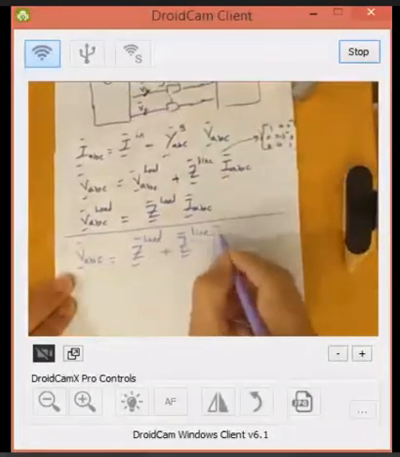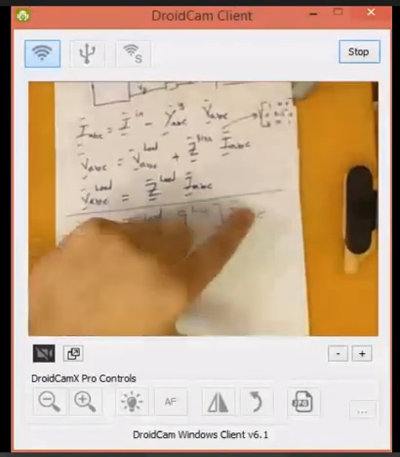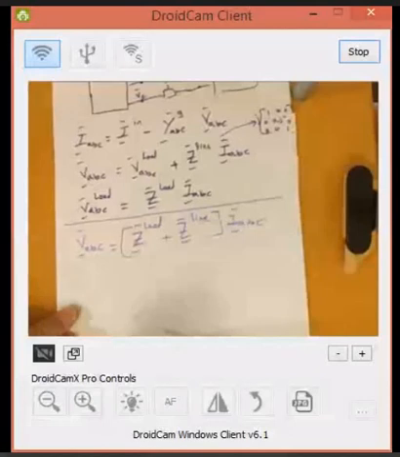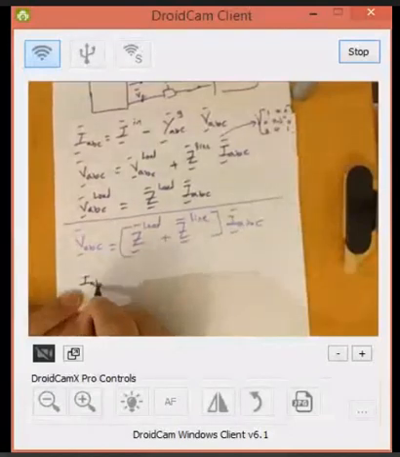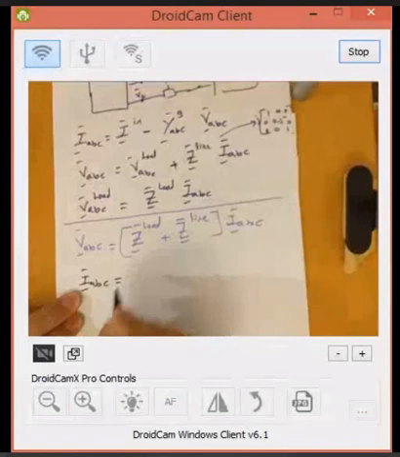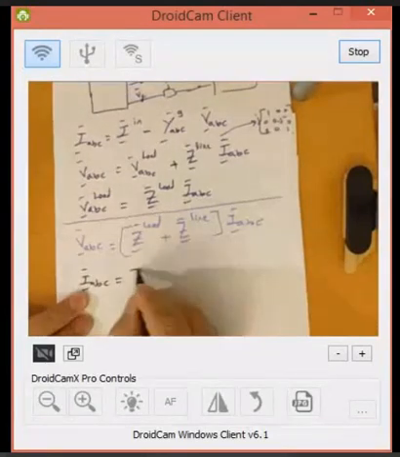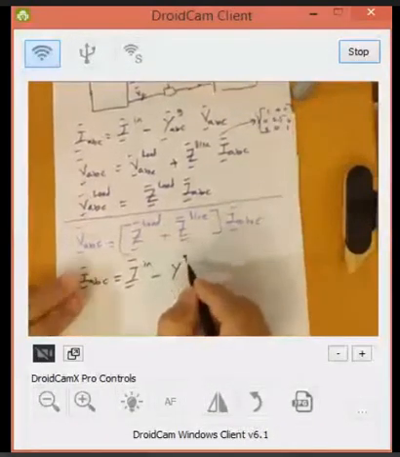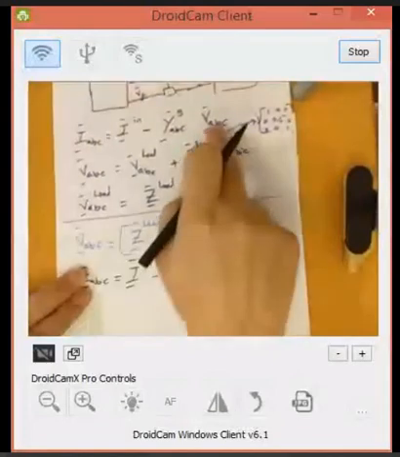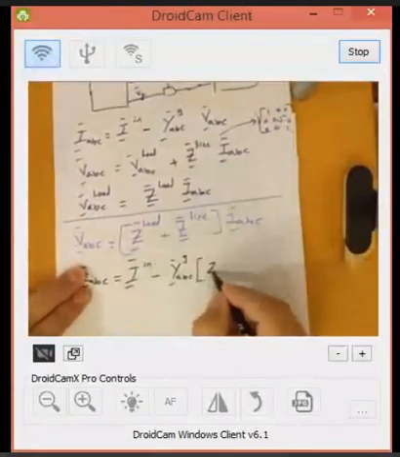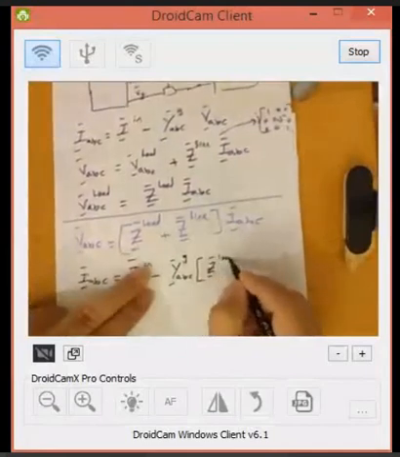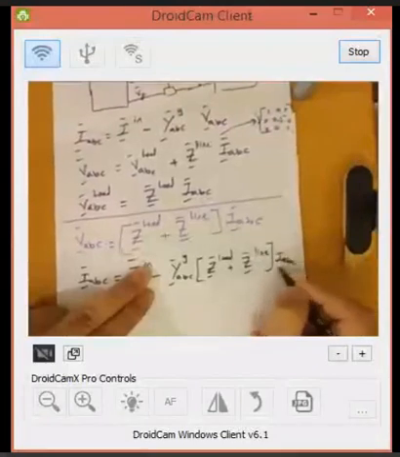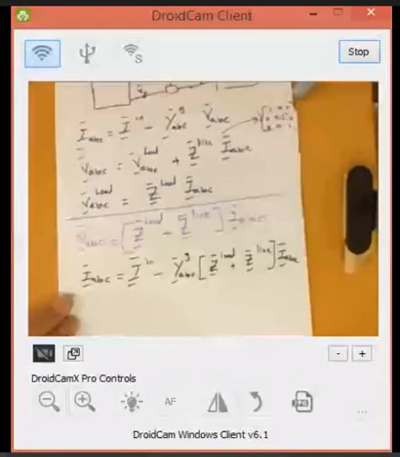Put it in equation number 1: IABC equals I internal minus Y generator ABC multiplied by VABC, and VABC is Z load plus Z line multiplied by IABC. Now I have one equation with one unknown.